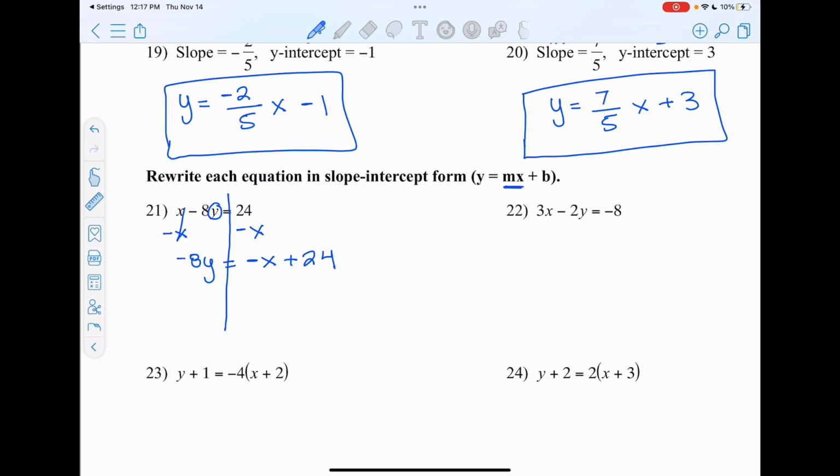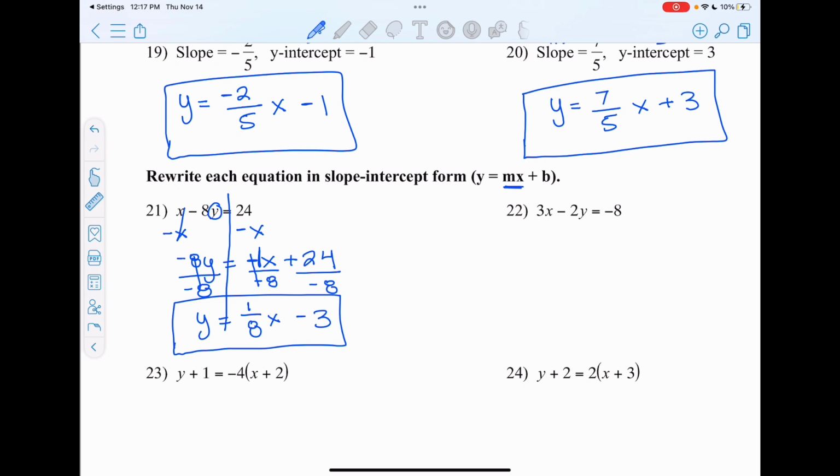And then in order to get y by itself, I'm going to divide everything by -8. And I will have y equals, notice how I have -x divided by -8. Those negatives will cancel out. And I have an imaginary 1 in front of my x. So this is 1 over 8x. And 24 divided by -8 is -3. And that is my slope-intercept form.